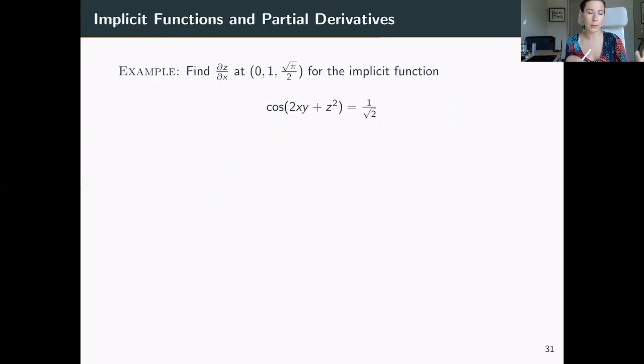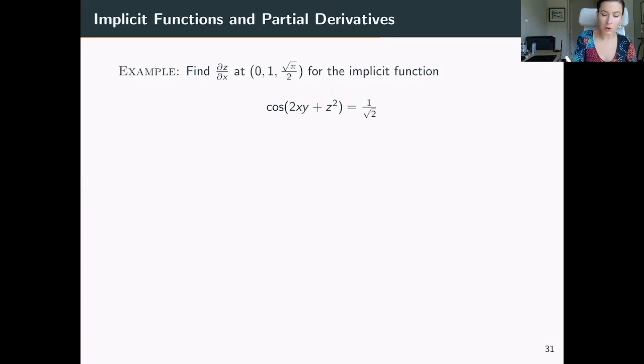We can also work with partial derivatives when we're talking about implicit functions. So for this function here, we can't solve for z and then take partials. What we can do is think of z here as a function of x and y, and take the partial derivatives with respect to whatever variable we want.